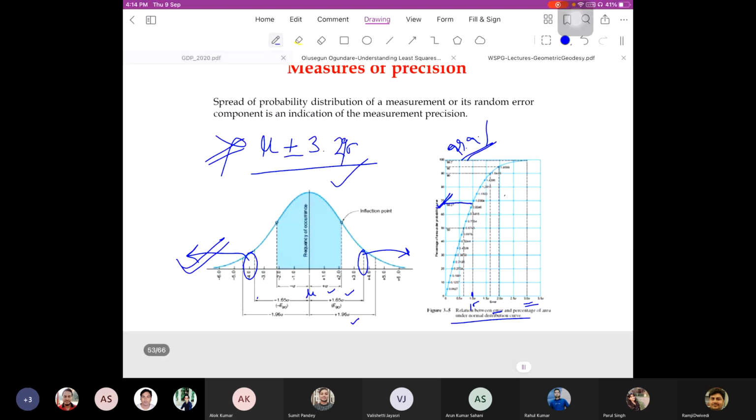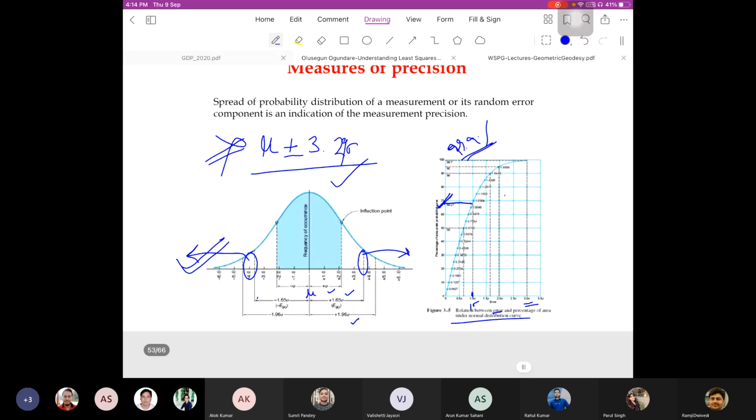So from this slide onwards, you will be familiar with mu plus minus 1 sigma, mu plus minus 2 sigma, mu plus minus 3 sigma, and the associated probabilities. Okay, that's very important, because you have to make those statements based on your probability concept.